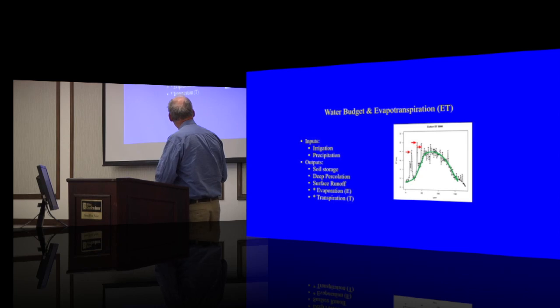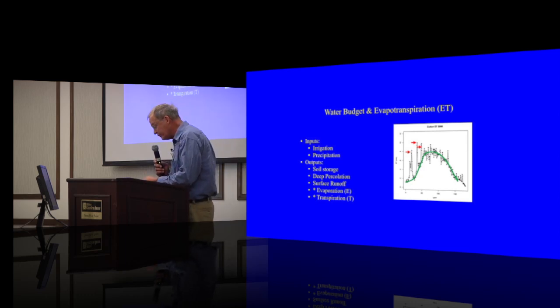This is not lettuce, this is cotton, but this is data that we've accumulated for years in Maricopa, just to illustrate how variable they are from the day of planting to the end of season, about 160 days later. These spikes are evaporative losses where the water is exposed at the soil surface, and the green curve represents the basal evaporation. So what we want to do is measure and discriminate between those two so that we can get an accurate water budget.